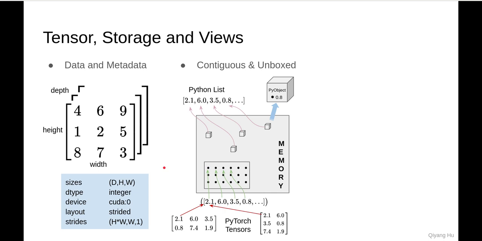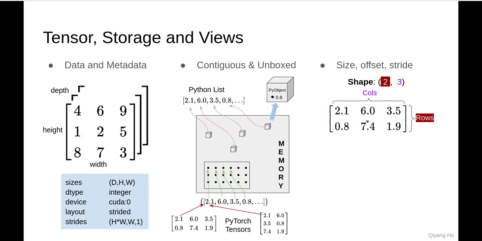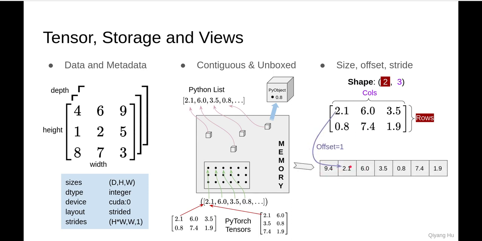At the same time, the metadata can define another layer, the logical view of the tensor, such as strides and offset. Those logical views can be understood as an index method to access the memory storage. For example, the size, or in NumPy's words the shape, is a tuple indicating how many elements across each dimension the tensor represents. By default, the first index is for the rows, the second is for the columns. The offset is the index in the storage corresponding to the first element of the tensor.